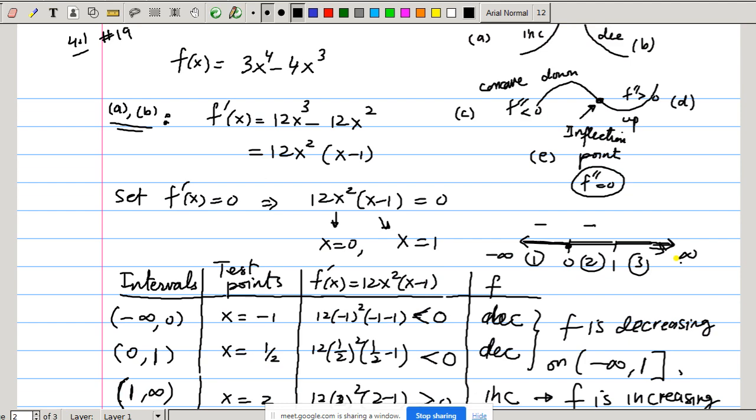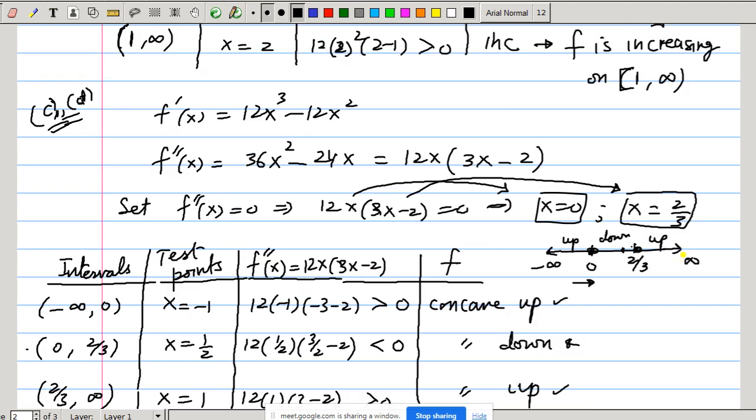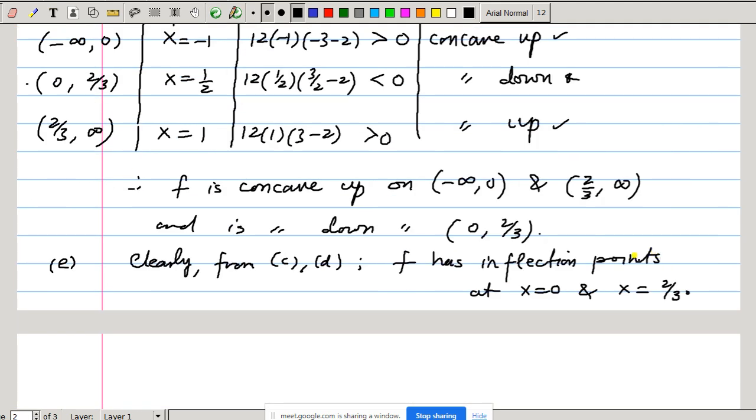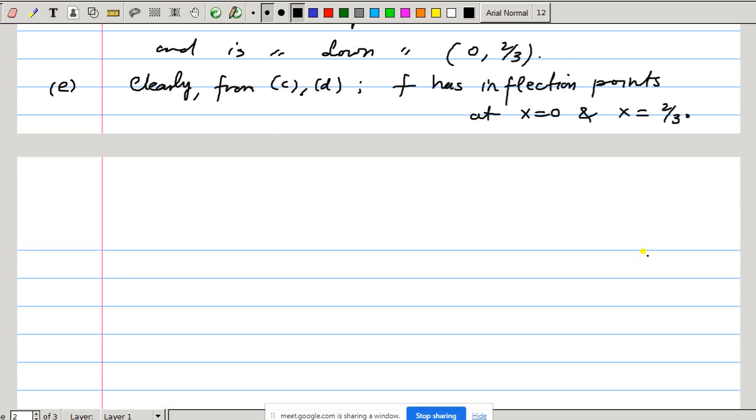So this is the whole summary of section 4.1. You can expect one question like that. I will give you a function and I will ask you to find the intervals of increase and decrease, or find the intervals of concavity up and downward. I may not ask you all the things. I may ask you all things as well, but if I see the exam is too lengthy, then I may ask you one of them.